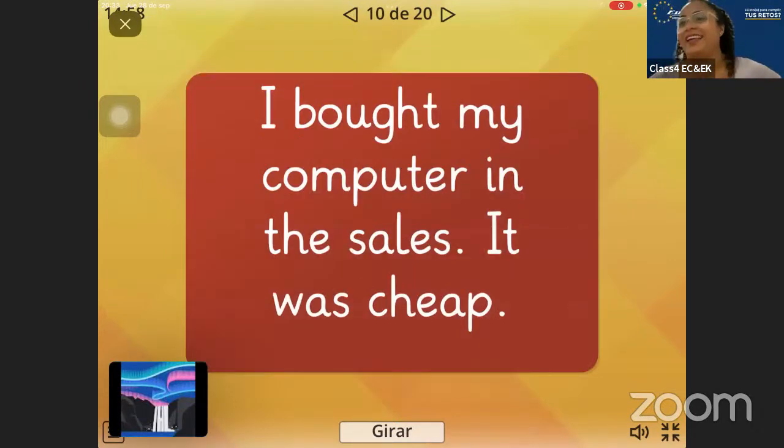Okay, I bought my computer in the sales. It was cheap. If I remember, if I had, past perfect.